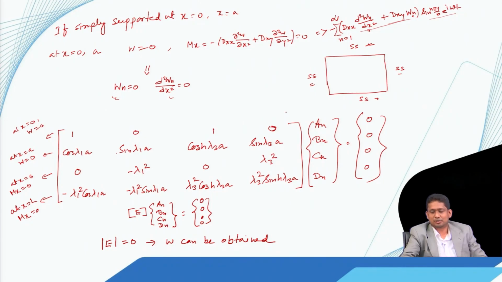We could have reversed it, assuming these two first simply supported, and then after getting the fourth order ordinary differential equation, put the boundary conditions here, and see whether the solutions come out the same. We can also try to match these solutions with what we get from the Navier solutions. That can be a nice exercise to work on.